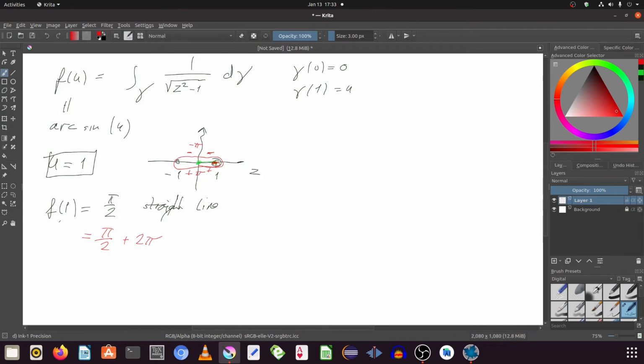We would like to show that it gives all multiples of pi, but I'm sure you can do that yourselves. We, of course, f of naught, just staying there, is naught.